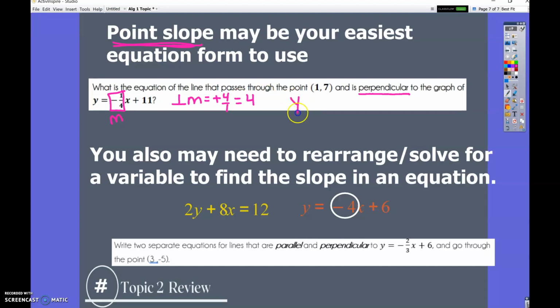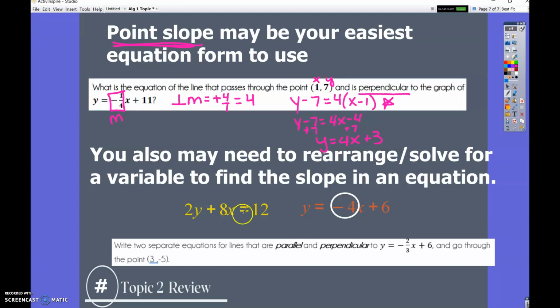By using point slope, here's my point, x is 1, y is 7, I can simply fill in that y value, fill in my slope, and fill in my x value. Now, if they wanted it to be in slope-intercept form, of course I would have to multiply through and add my 7 to get 4x plus 3. But by starting with point slope form here, we don't have to think about the y-intercept. We can just plug in our point and make sure our slope is perpendicular.